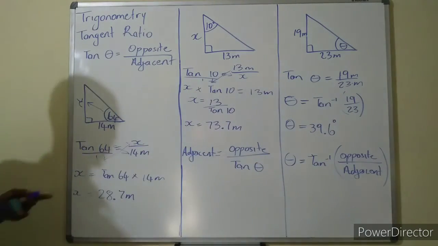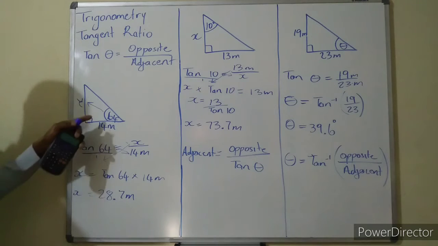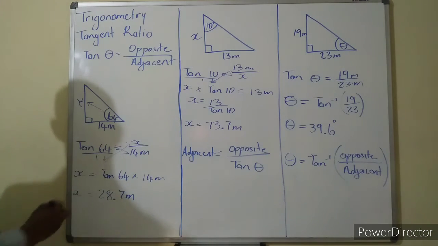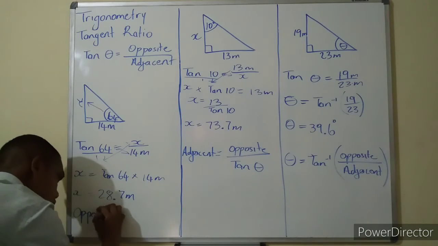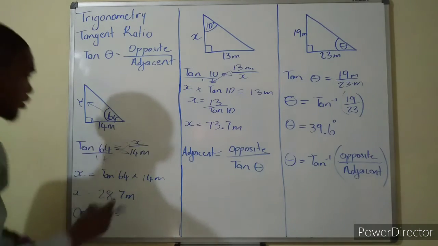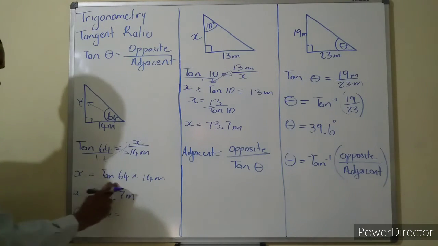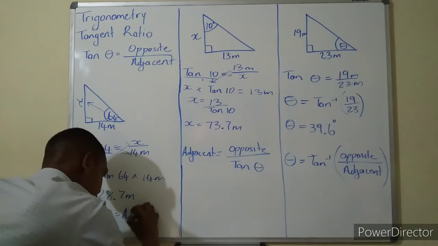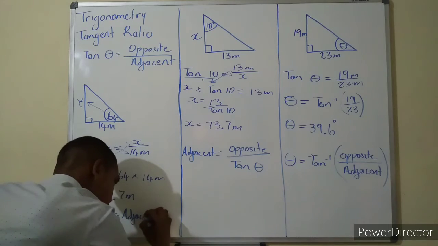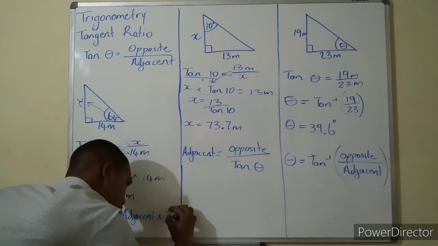And for the final one, if you want your opposite side, it will be equal to the adjacent side multiplied by the tan of the angle.